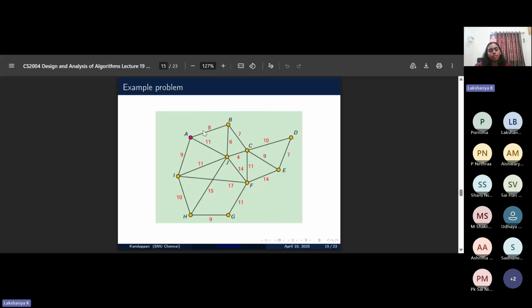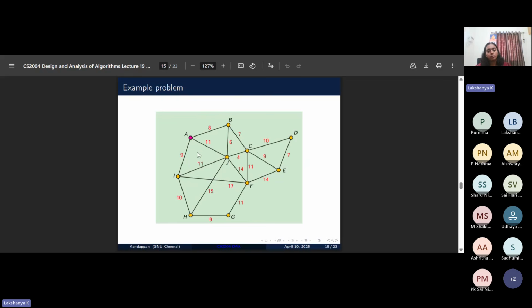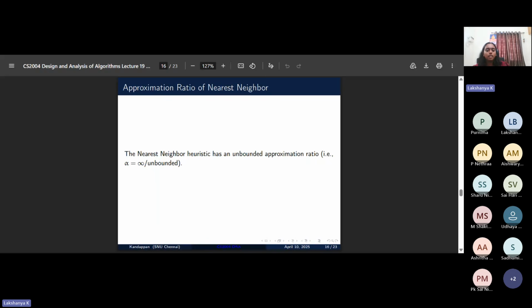Now, there is no way of quantifying that this will be at most 10 times your optimal, or 20 times your optimal. There is no way of quantifying at all because the weights are arbitrary. They change from problem to problem. So this nearest neighbor heuristic has an unbounded approximation ratio.